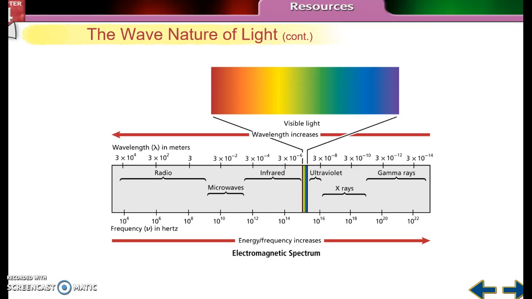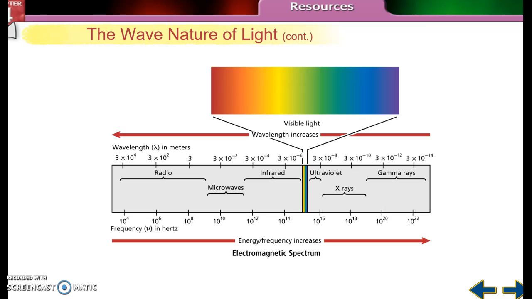So radio has the longest wavelengths. Microwaves are shorter than radio waves, so they're the next longest. Infrared gets smaller. Then you've got your visible light. Then you have UV rays. And then you have X-rays. Then you have gamma rays. If you notice, the wavelength increases as you go from right to left.